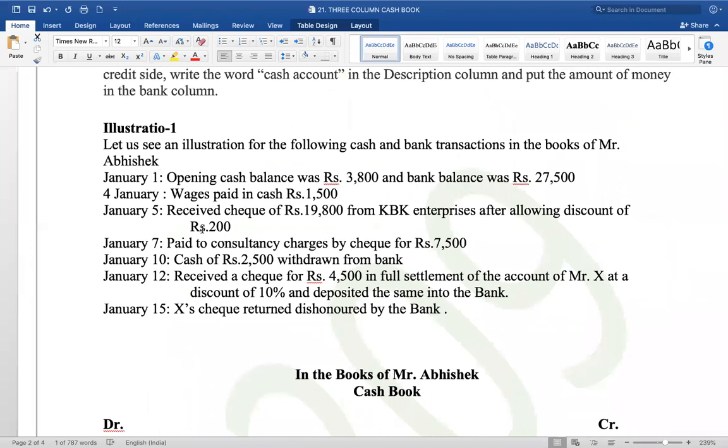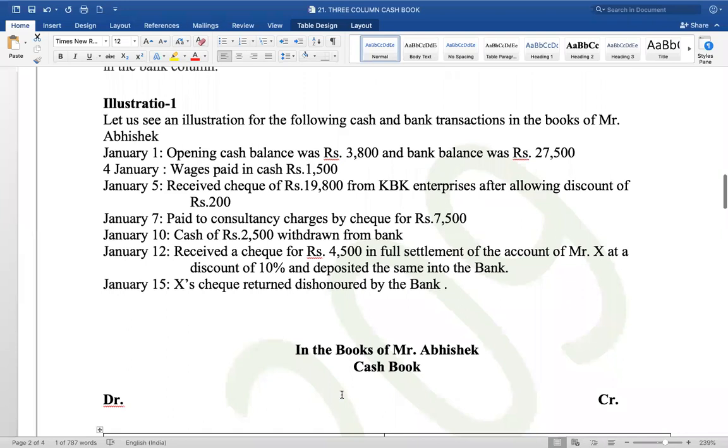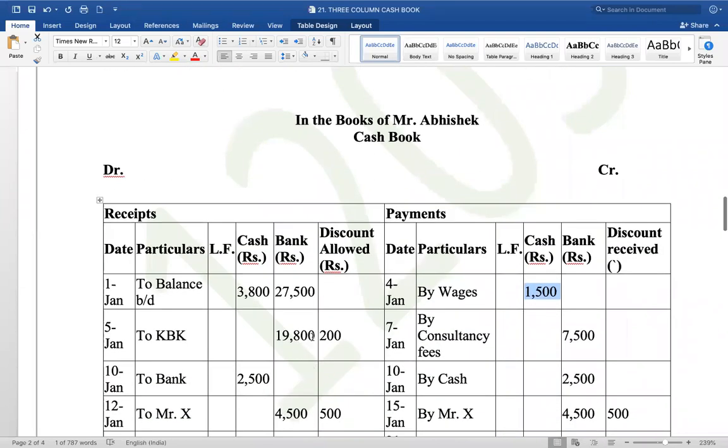Jan 5th, received a check of rupees 19,800 from KBK Enterprises after allowing a discount of 200. What did you receive? You received a check, 19,800. That 19,800 check you have received, and you drop it in the bank debit column because it's received, debit, on January 5th.